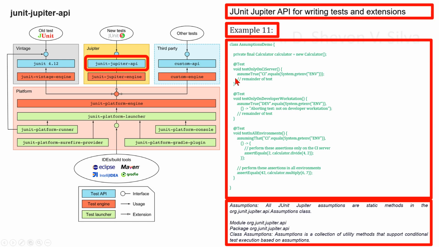As of Jupiter 5.4, it is also possible to use methods from JUnit 4's org.junit.Assume class for assumptions. Specifically, JUnit Jupiter supports JUnit 4's AssumptionViolatedException to signal that a test should be aborted instead of marked as a failure.